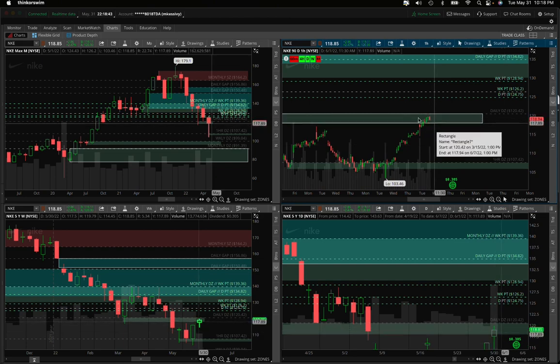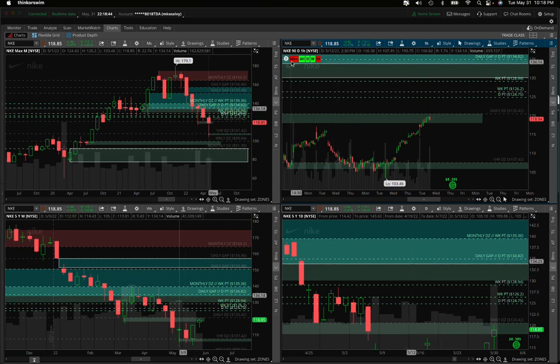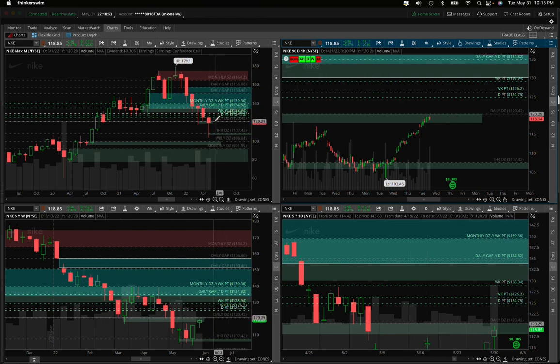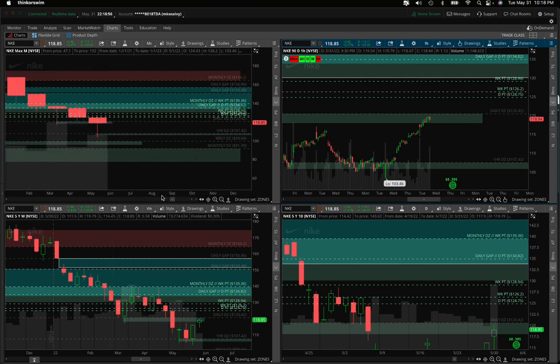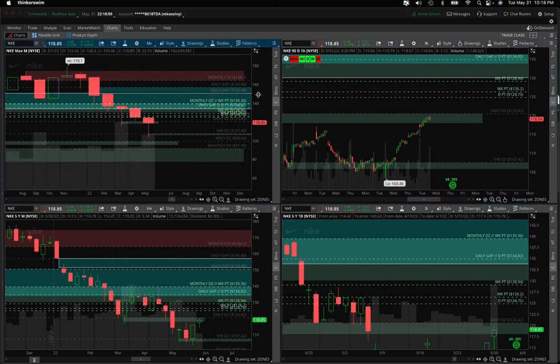Right now we also can see that we don't have complete full time frame continuity. Tomorrow starts a new candle in the monthly chart. And so something that we want to make note of is this.